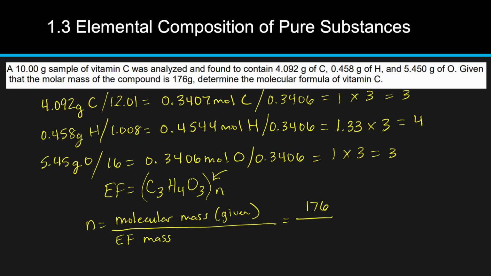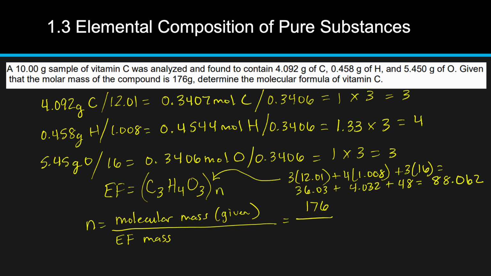Now we need to solve for the molar mass of this empirical formula. So we're going to have 3 times 12.01 plus 4 times 1.008 plus 3 times 16. Solving for that gives us an empirical formula molar mass of 88.062. And when we solve for the integer, we end up getting 2.